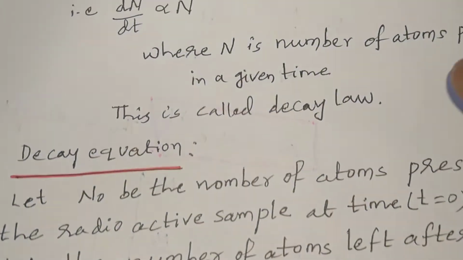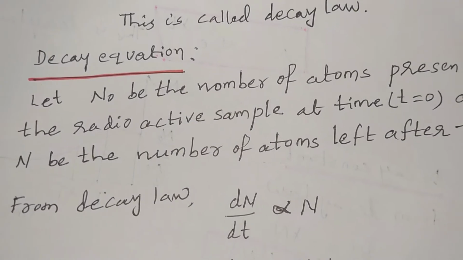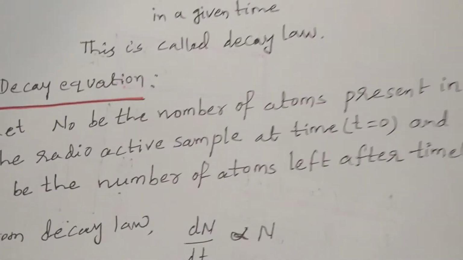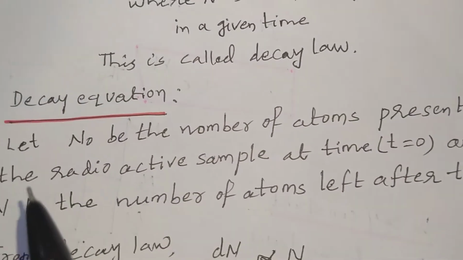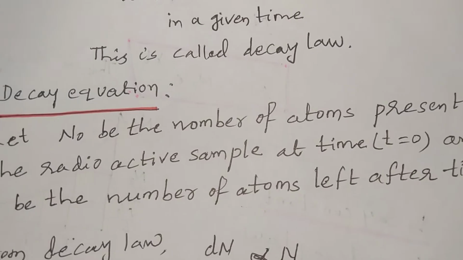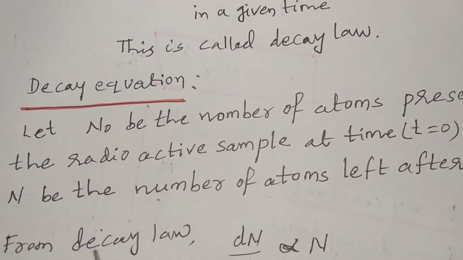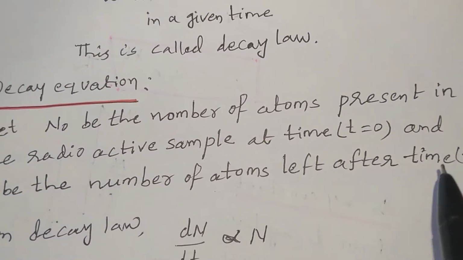Now we discuss the decay equation. Let N naught be the number of atoms present in a radioactive substance at time t equal to 0, and let capital N be the number of atoms left after time t.